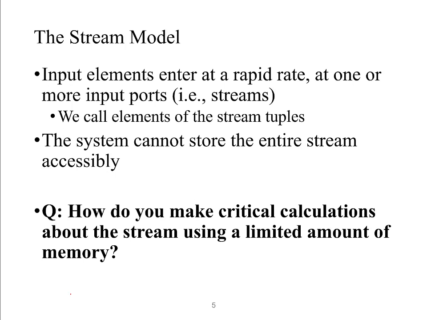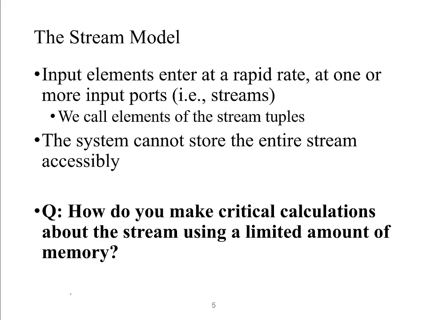So we do the abstraction to formalize this stream model, where the input elements enter at a rapid rate at one or more input ports, or say streams. You can think of them as input sources.